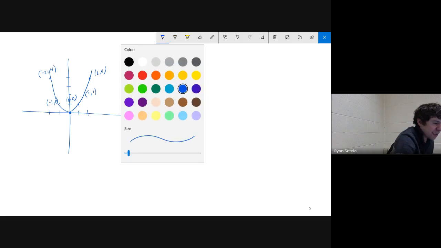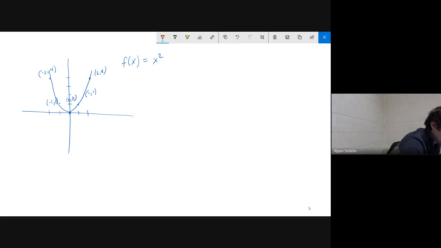Now, it's always the case that the inverse function is a mirroring across the line y equals x, so it's like a 45-degree angle. If I just take those points and rewrite them, swapping 0 and 0 just gives me 0, 0. Swapping 1 and 1 just gives me 1 and 1. But swapping 2 and 4 will give me 4, 2.